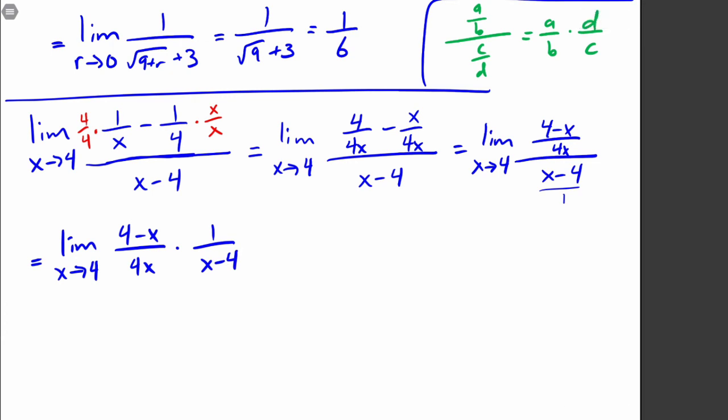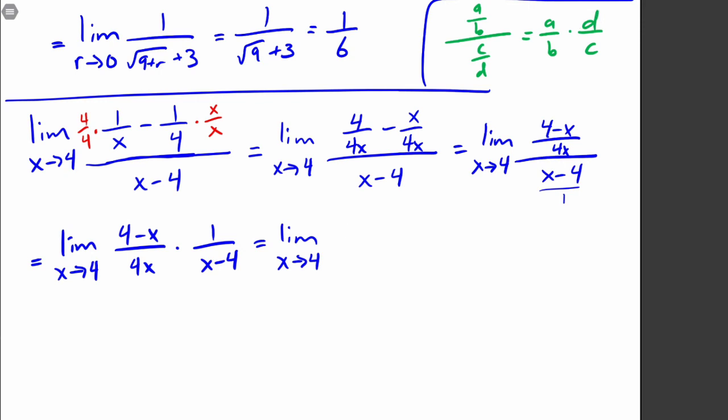Can we do any simplification here? Well, we can. You might want to do a little bit of adjustment first if you don't see it. There's a cancellation you can do right away here, and if you see it, by all means do it.